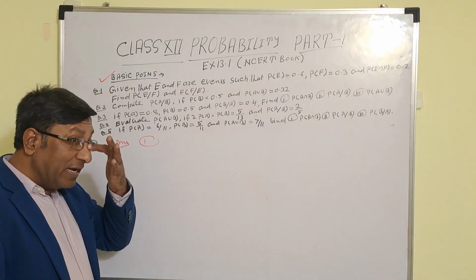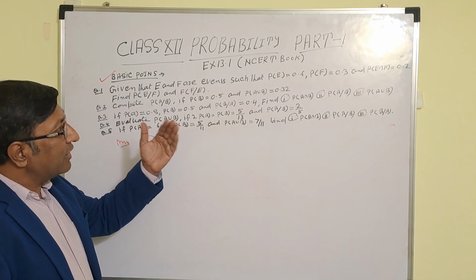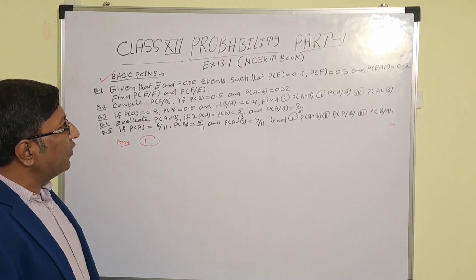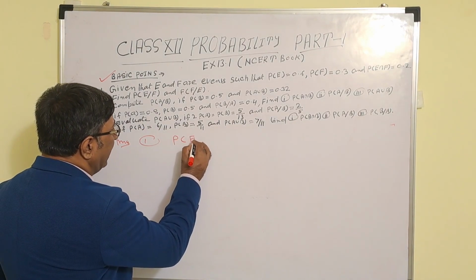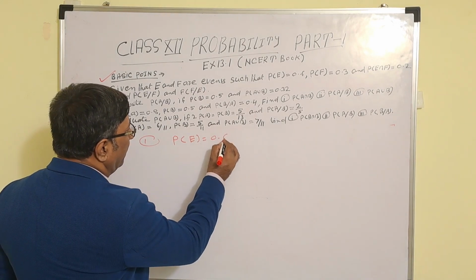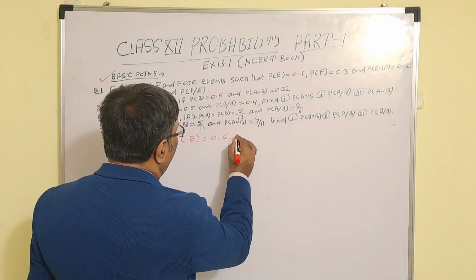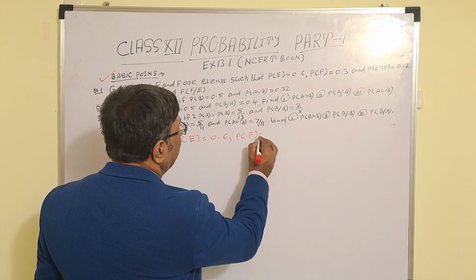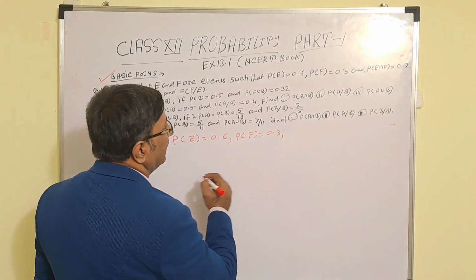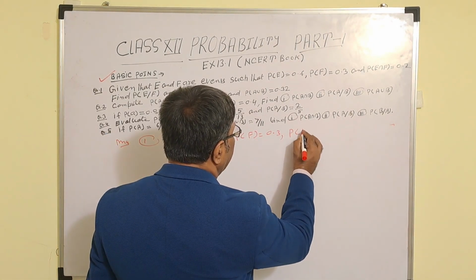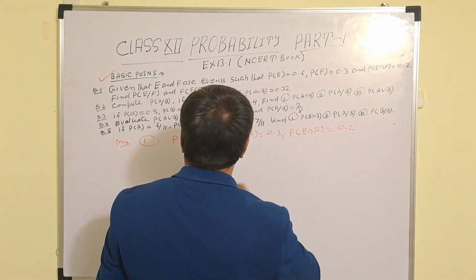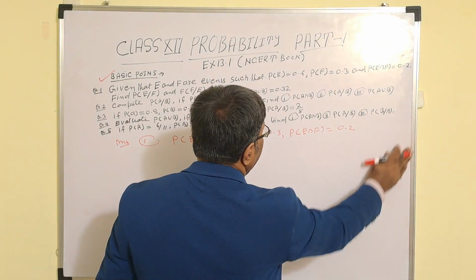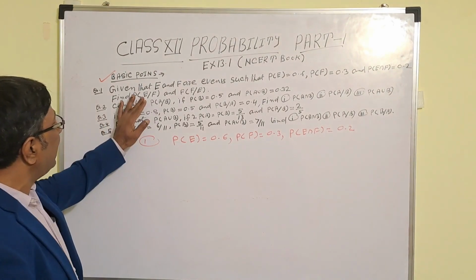Given that E and F are events such that probability of E is given 0.6, probability of F is given 0.3, and probability of E intersection F is given 0.2, and we have to find probability of E by F.